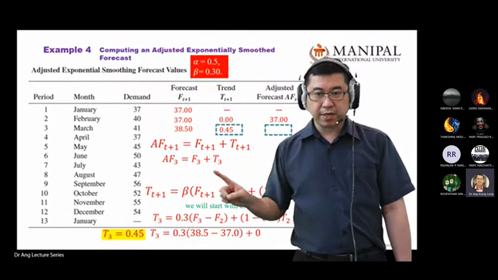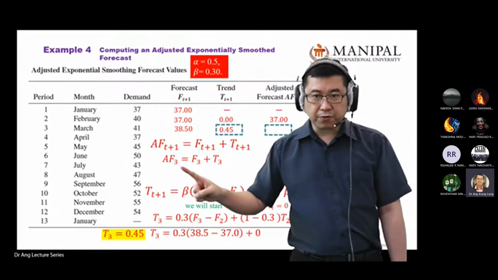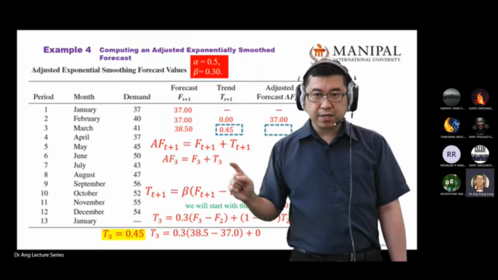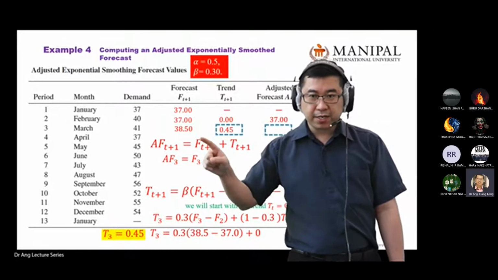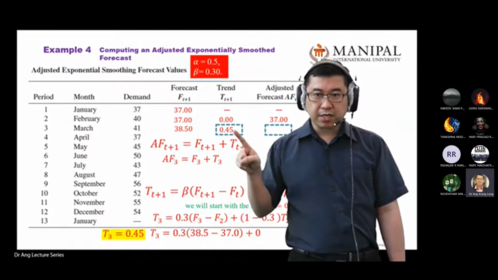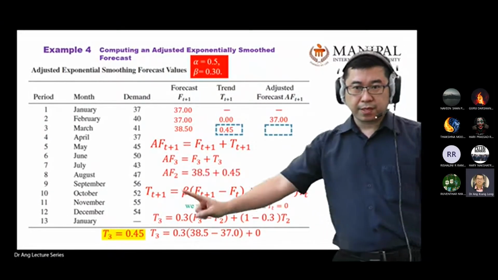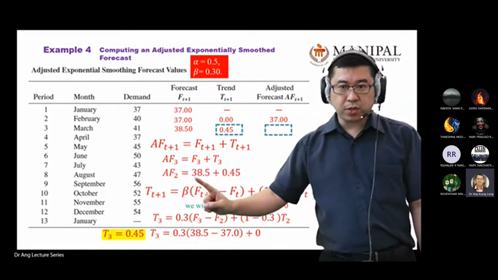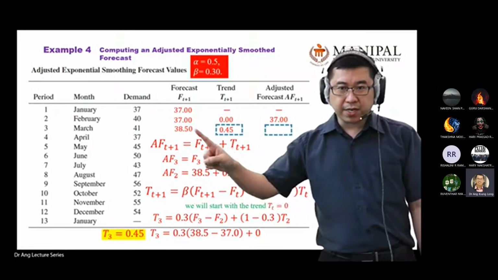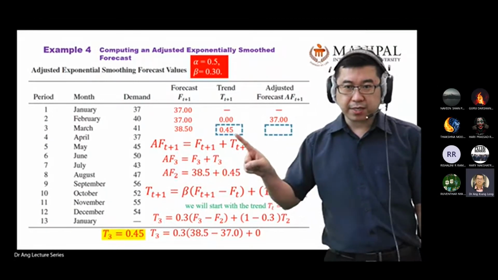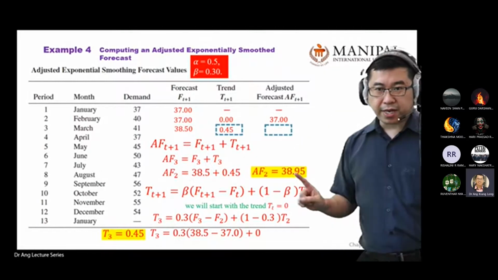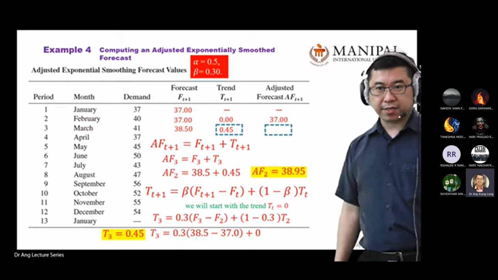How to calculate this value? You take F3, this one. What is your T3? This one. So AF equal to this one plus this one. You get 38.95. Put in here.